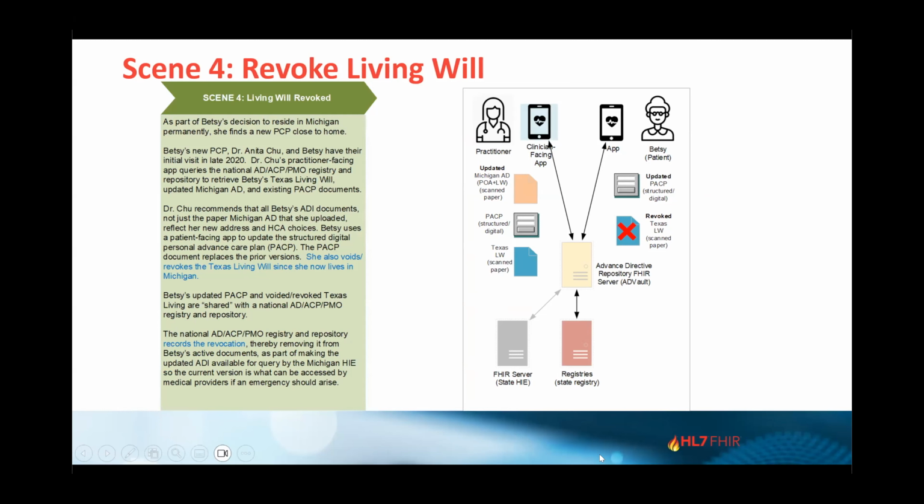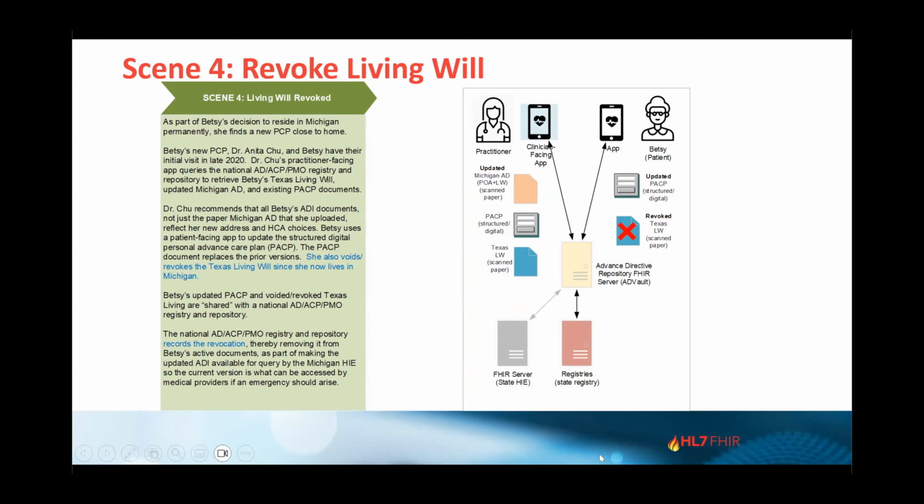Betsy uses a patient-facing app to update the structured digital Personal Advance Care Plan, and the updated Personal Advance Care Plan replaces the prior version. And she also voids and revokes the Texas Living Will since she now lives in Michigan. She doesn't need it anymore. Betsy's updated Personal Advance Care Plan and revoked Texas Living Will are shared with the National Advance Directive, Advance Care Plan, Portable Medical Order Registry and Repository.